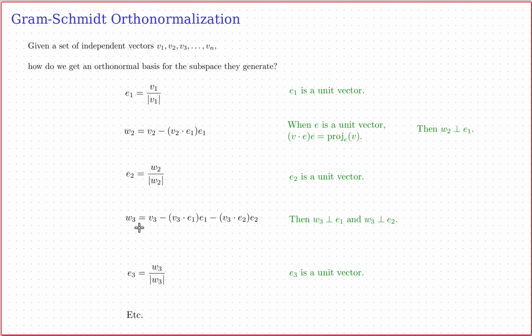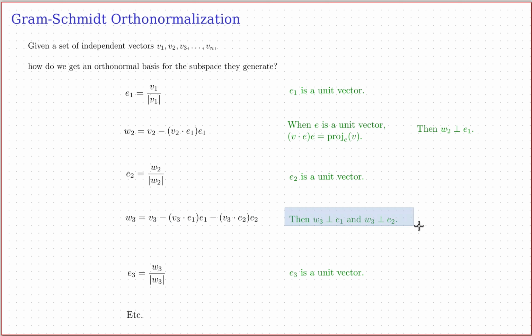Let me do one more. We'll define w3 to be the third vector of the original basis minus its projection onto the first two basis vectors of the orthonormal basis. So we take the projection of v3 onto e1 and the projection of v3 onto e2 and subtract both of those off from v3.